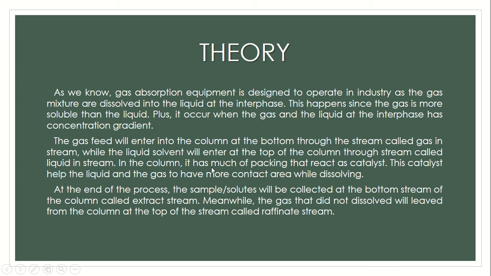So this helps the liquid and the gas to have more contact area while dissolving. At the end of the process, the solutes will be collected at the bottom stream of the column called extract stream. Meanwhile, the gas that did not dissolve will leave from the top of the column called raffinate stream.